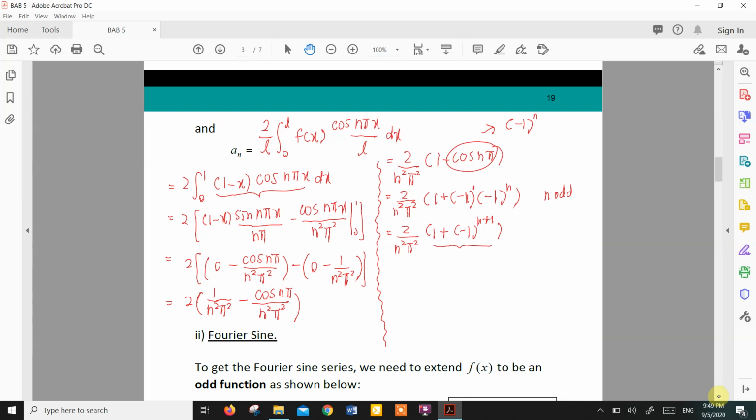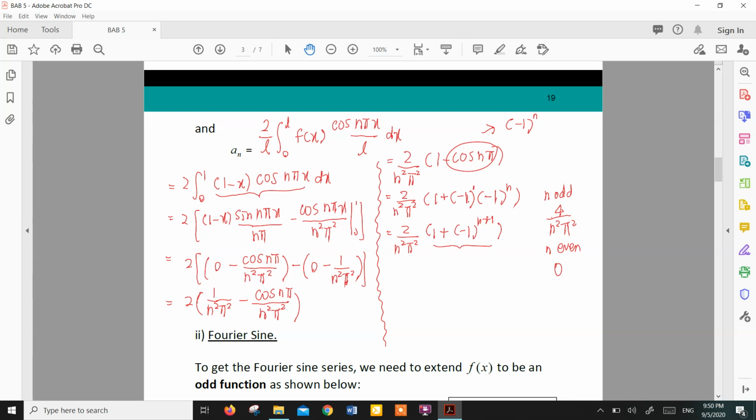If here will be plus, then you will have 2 here. Total is 2, so 2 times 2 is 4. So if n is odd, then you will have 4 for the numerator over n squared pi squared. But if n is even, let's say n is equal to 2, so 2 plus 1 is 3, negative 1 to the power of 3 is negative 1, so 1 minus 1 is 0, so here you will get 0.